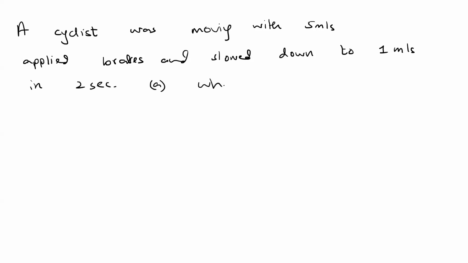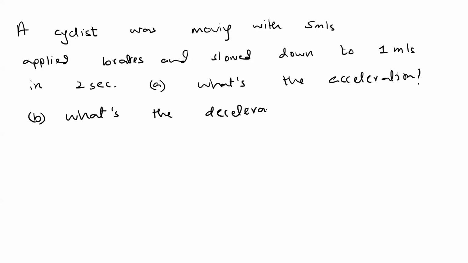Part A, what's the acceleration? So how would you do that? Part B, what's the deceleration? How would you do that? So let's think. We haven't done any formula for deceleration. Okay, let's leave that alone.